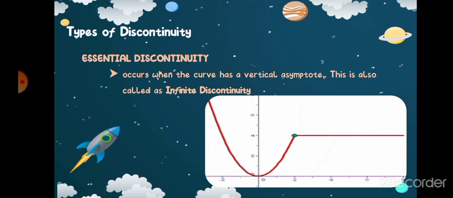So the graph is essentially discontinuous because there is a vertical asymptote, as defined in the definition of essential discontinuity. So we can say that the graph has an essential discontinuity when there is a vertical asymptote, just like the graph here.